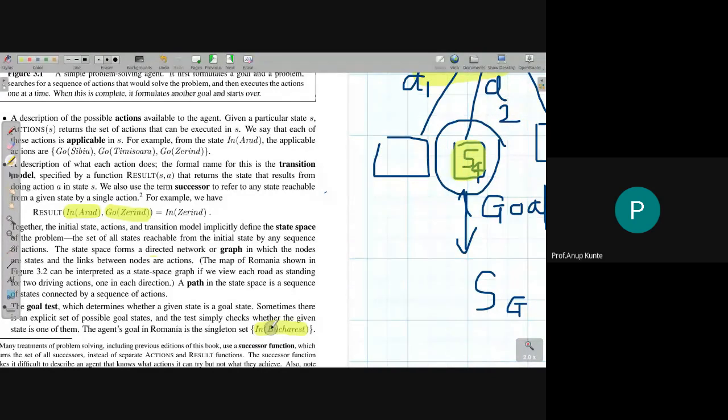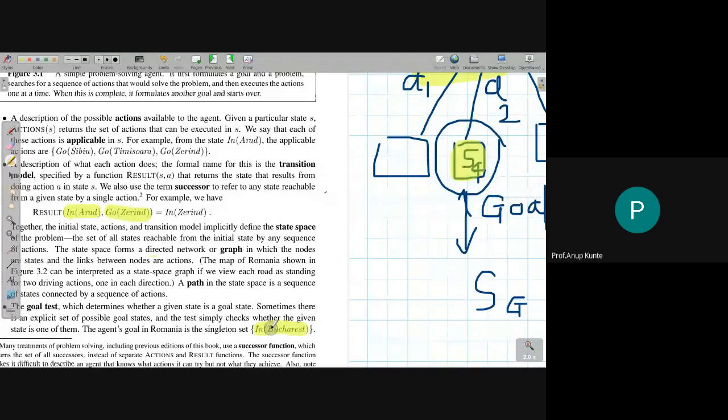So for formulating a formal problem, I first want the initial state, and the possible actions in every state. Once I get a state description, I should be able to predict what the applicable actions are. Those are the two important things that I should know. Then I should define a transition model that, once I give it a current state and a set of actions, would yield me a set of successor states.